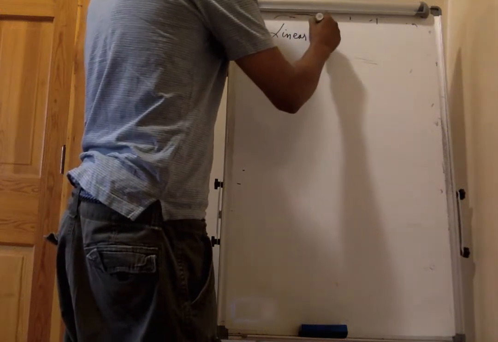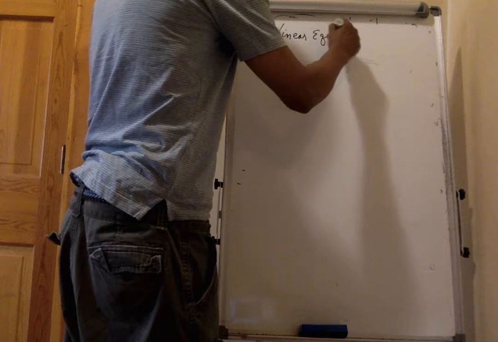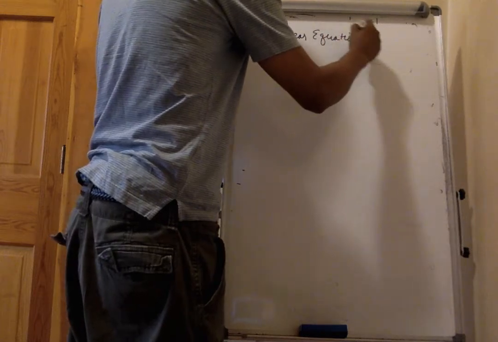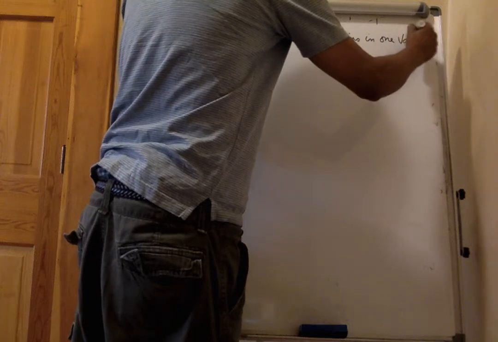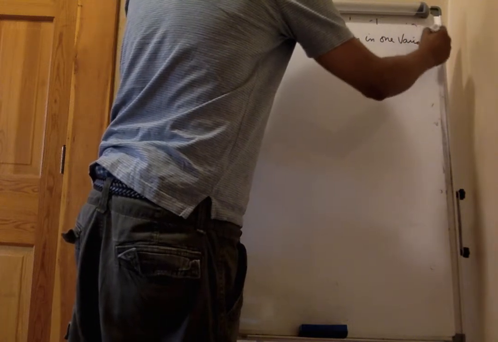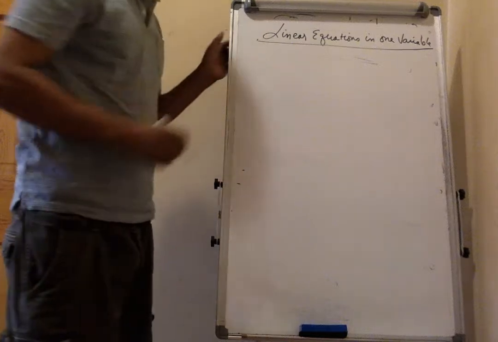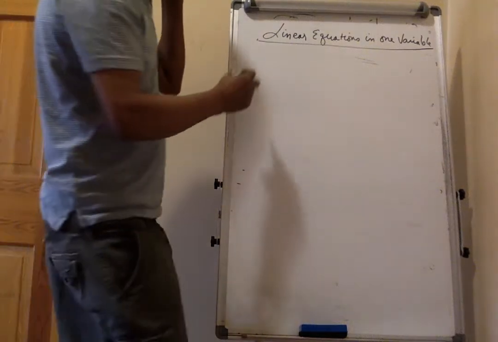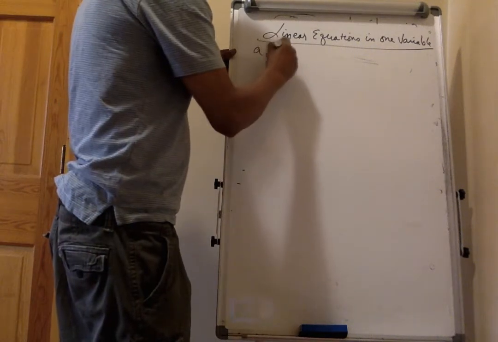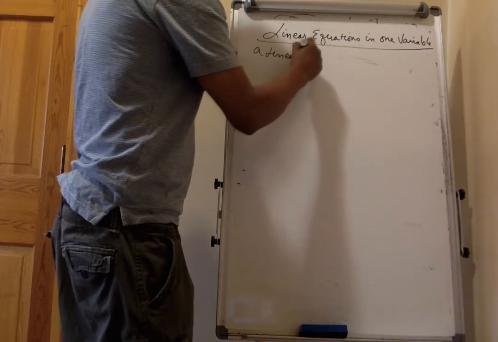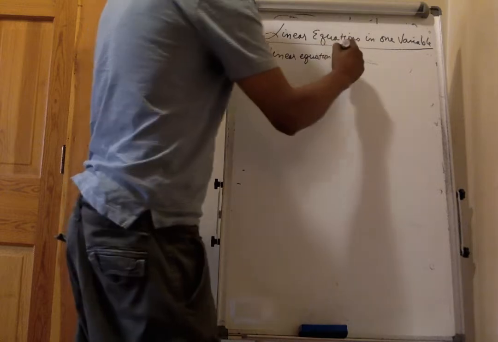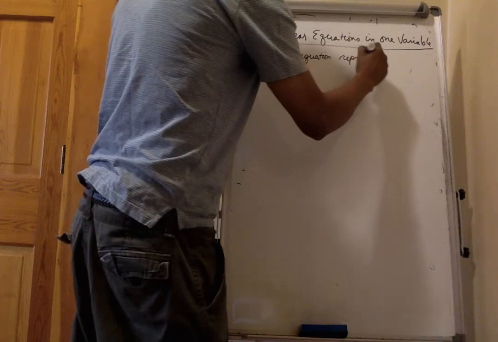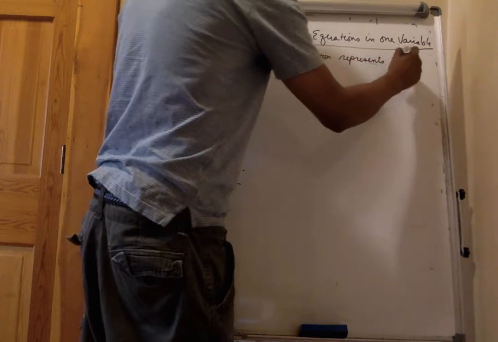So this one we are going to start with linear equations in one variable. First of all, a linear equation represents a straight line.